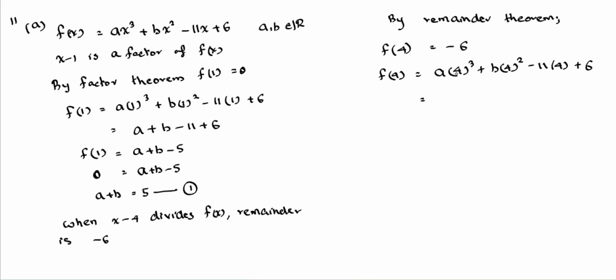4 into 4 is 16, into 4 is 64. 64a plus 16b minus 44 plus 6 equals minus 6.